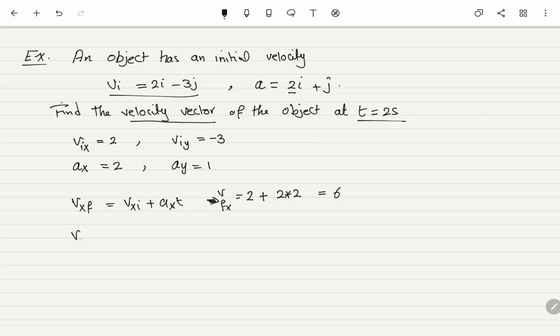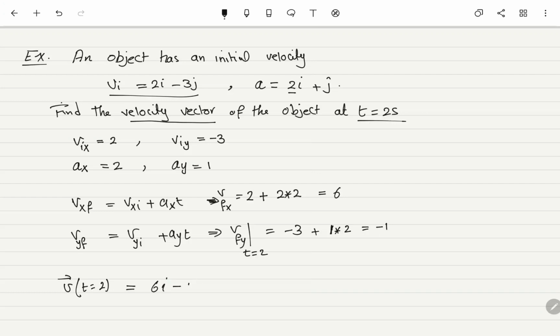Now v final y equals v y initial plus ay t. So v final y when t equals 2 equals minus 3 plus 1 multiplied by 2, which equals minus 1. So the velocity vector v when t equals 2 equals 6i minus j.